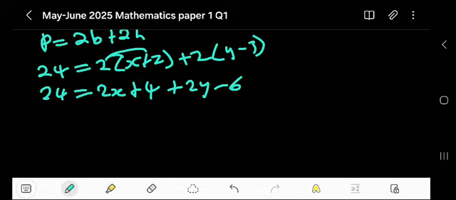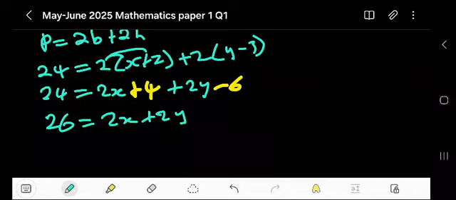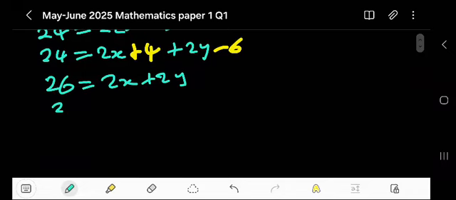Here these are like terms, as you can see. When you subtract, you have negative 2, then you transport to the other side, this will add. When you get this side, it will be 26 equals 2x plus 2y.